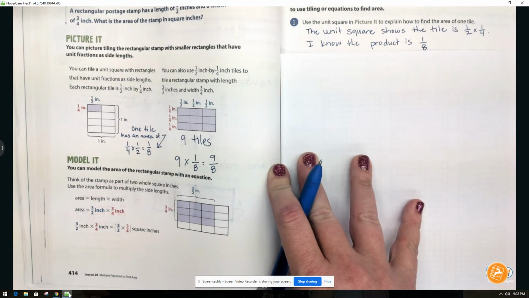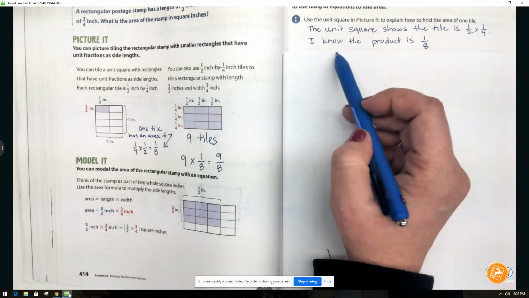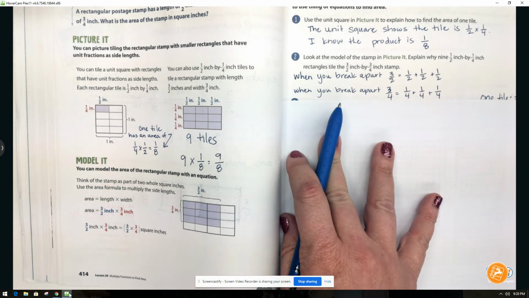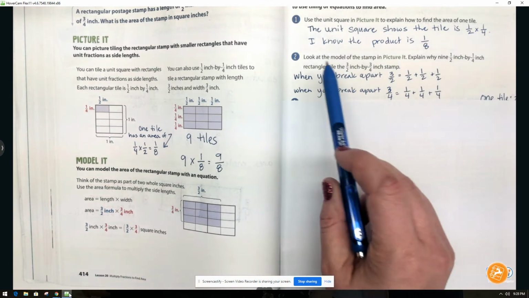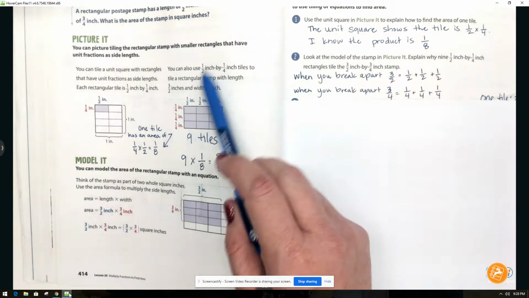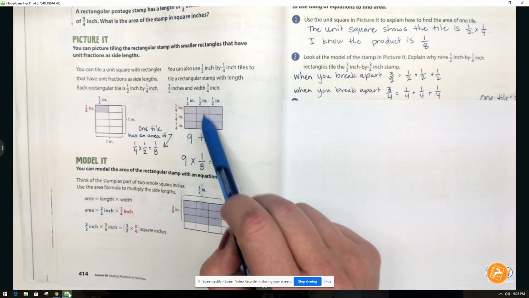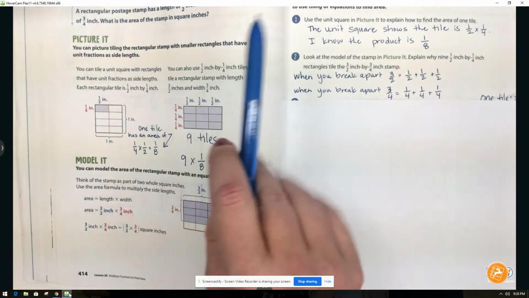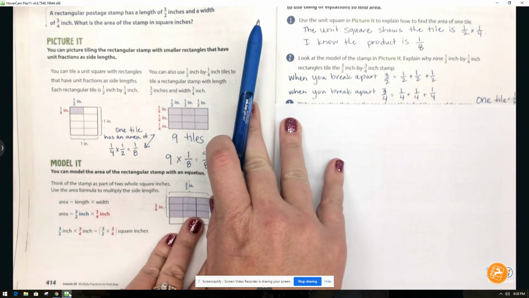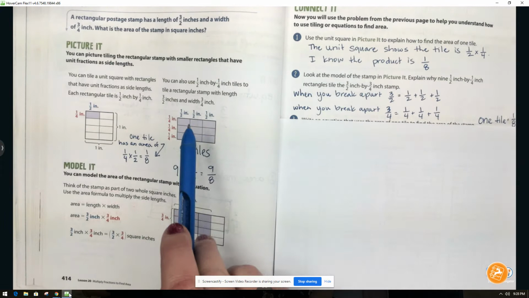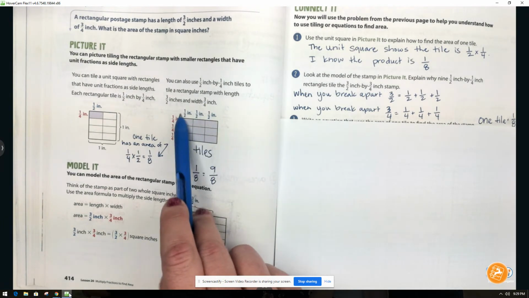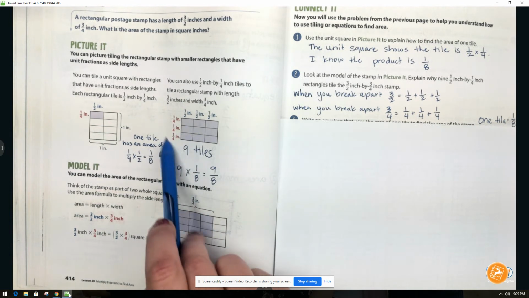Then, once we know what the area is of one unit square, this is just proving how we found that. If we look at this section here, explain why we can use this picture to show the equation of what is 3/2 times 3/4. So we can use this picture because we are showing 3/2 times 3/4.